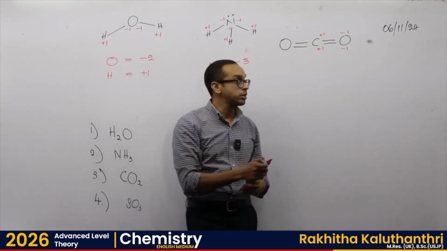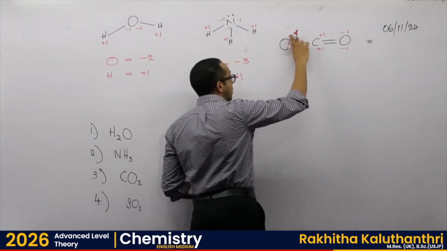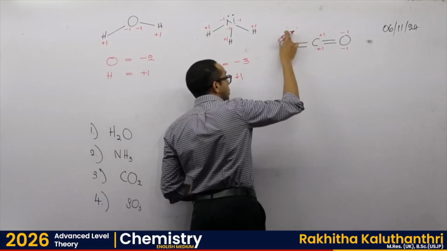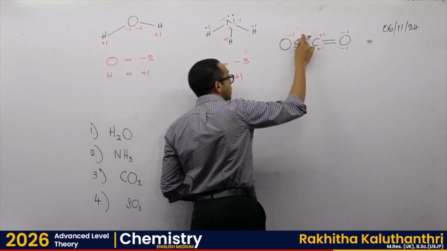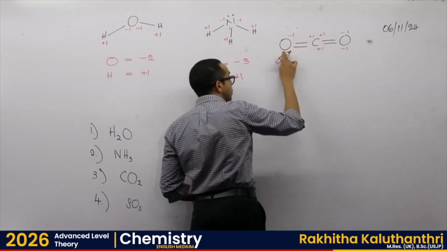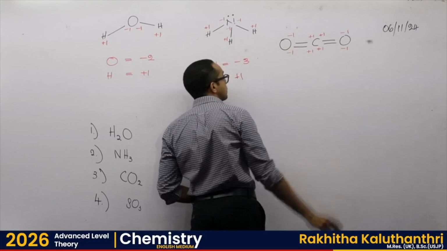So on oxygen there is a -2 charge, but then we have 2 other oxygen carbon bonds. Again this bond is also giving electrons more towards oxygen, so oxygen is -1, carbon is +1. These bond electrons are also given to oxygen, so therefore -1, this side is +1.